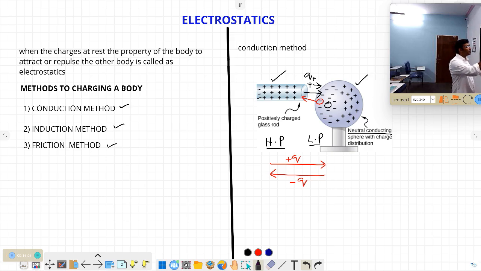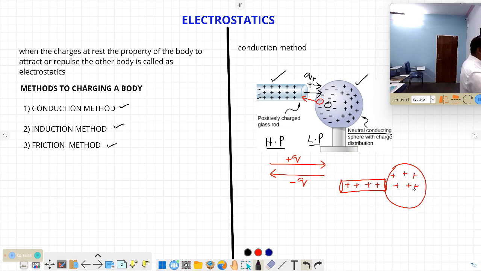So whenever one body is connected with another, neutral body, what happens? After some time, both bodies become positively charged. The rod is positively charged anyway, and the sphere connected to it also becomes positively charged by transferring electrons to the rod. It is not guaranteed; sometimes it may become negative, according to the type of charges.